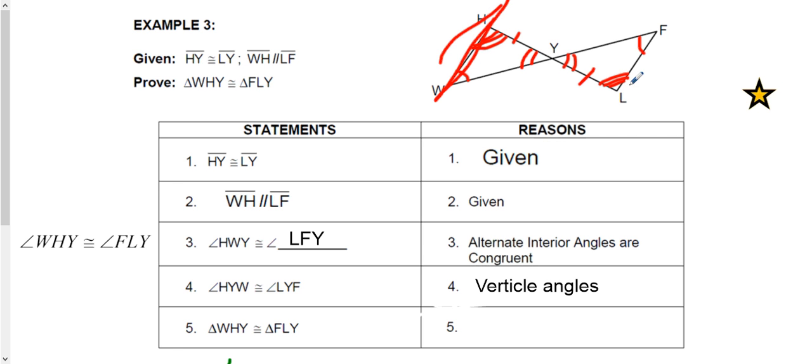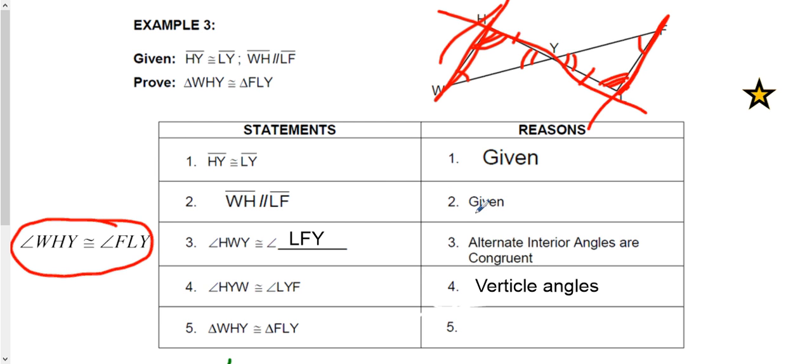If these parallel lines are cut by this transversal, we'll see we have alternate interior angles in here. But now it gives us angle, side, angle, with the two angles on the included side. So they made a mistake in these notes. This was the angle we really needed. And it still came from parallel lines cut by a transversal.